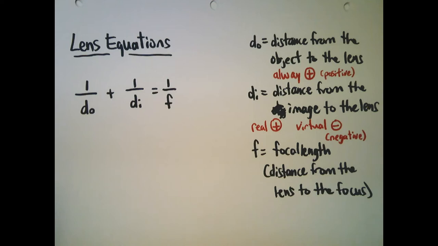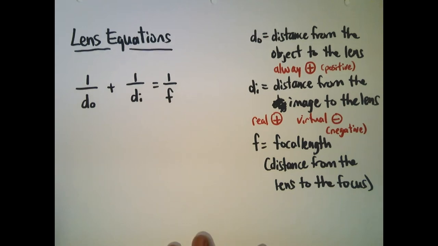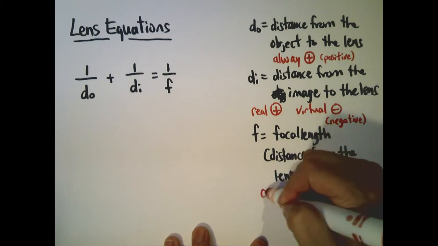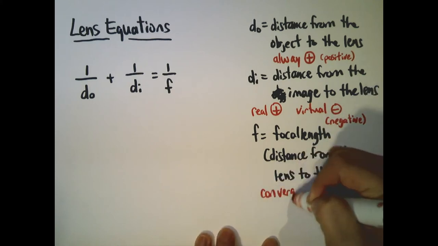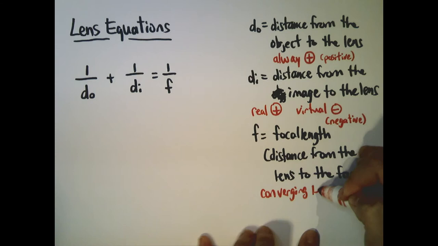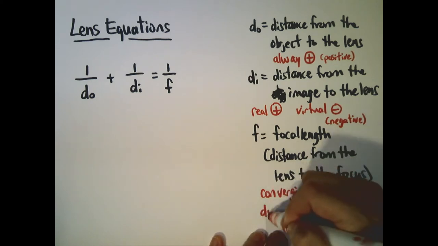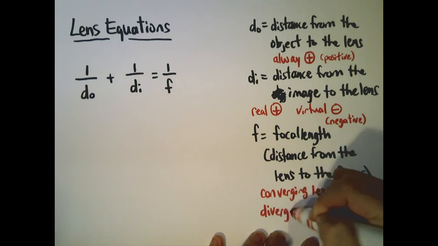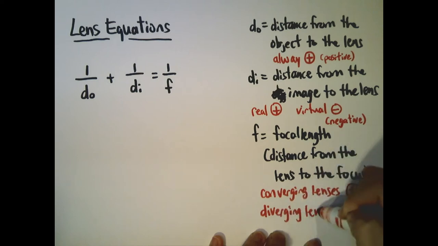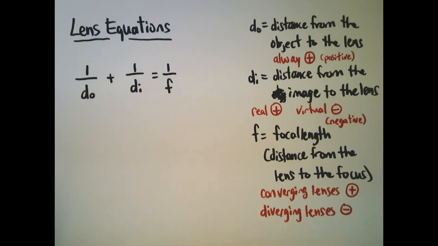Now focal length. You'll know there are two different types of lenses: converging lenses and diverging lenses. Converging lenses will always be positive, and diverging lenses will always be negative.